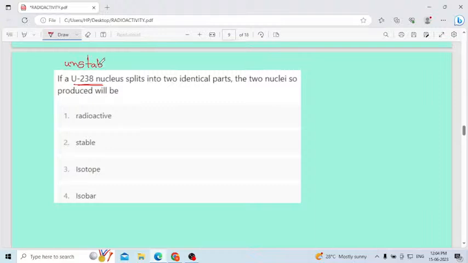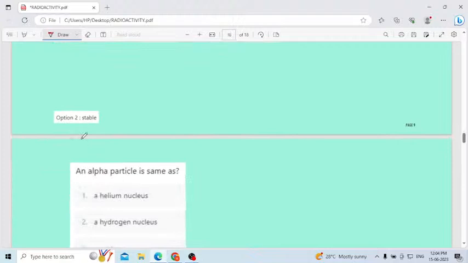Once it undergoes radioactivity, whatever product you get must be stable. Very easy question.